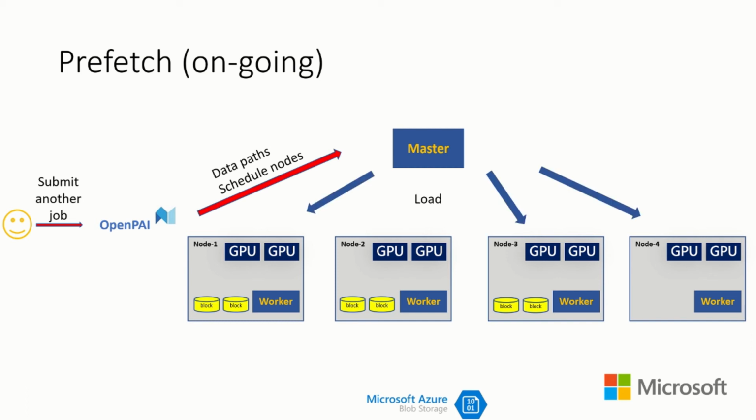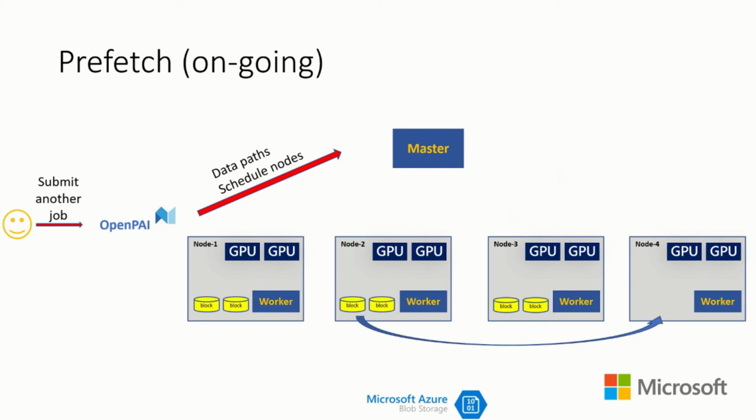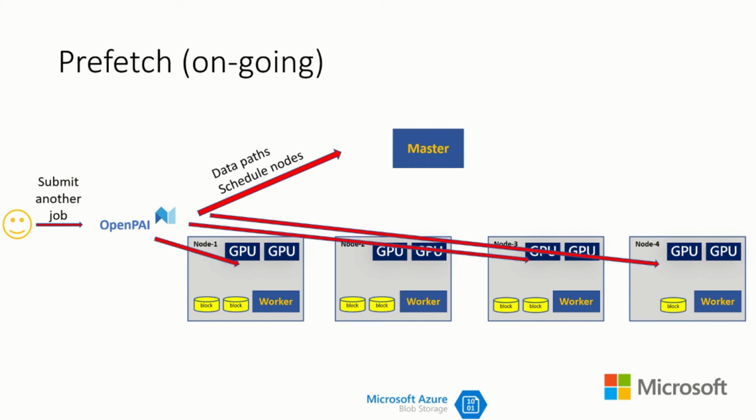Then Alluxio can load the data from the Azure storage. So before the job really starts, the data is already loaded. Then OpenPAI schedules the job to each workload. After this process is done, the job can start directly and doesn't need to wait for the data to be retrieved from the Azure storage. It could speed up our workload, and we already did some experiments. It shows a good result.